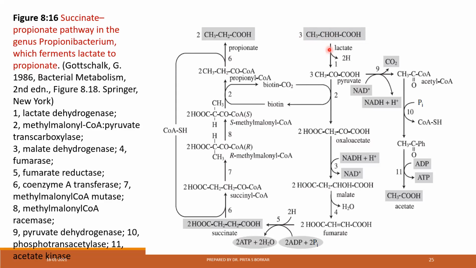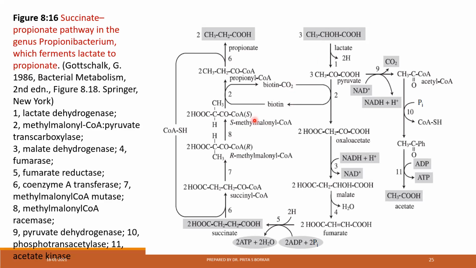Now lactate in presence of lactate dehydrogenase gets converted to pyruvate. Okay, then from pyruvate you will get oxaloacetate in presence of the enzyme methylmalonyl CoA, that is pyruvate transcarboxylase. So this is your second cycle. So see here, the biotin carbon dioxide is used and biotin is given out and carbon dioxide is eliminated.